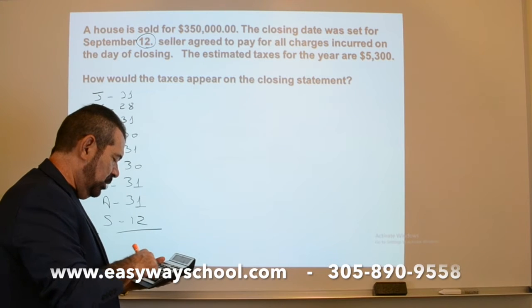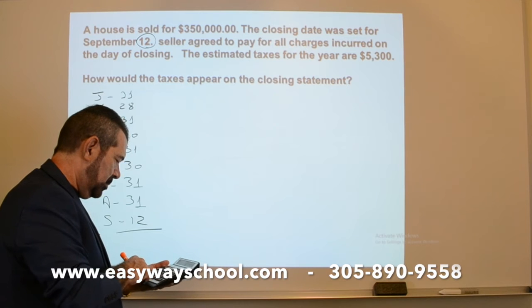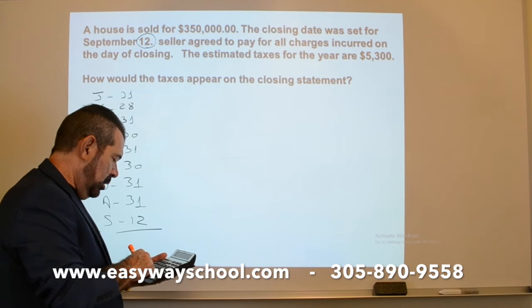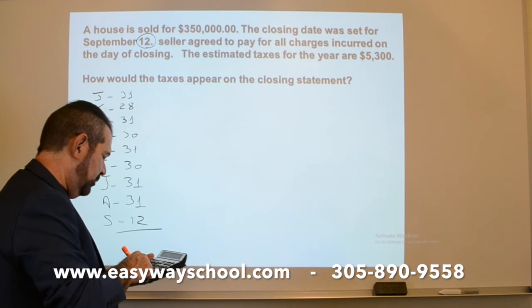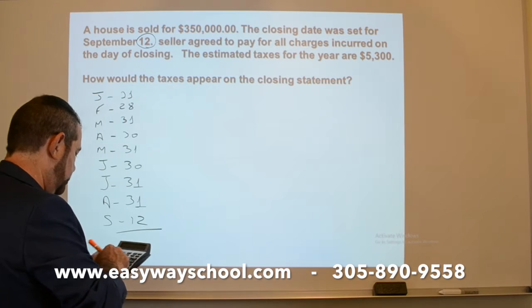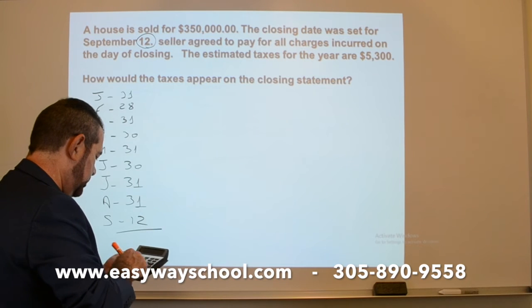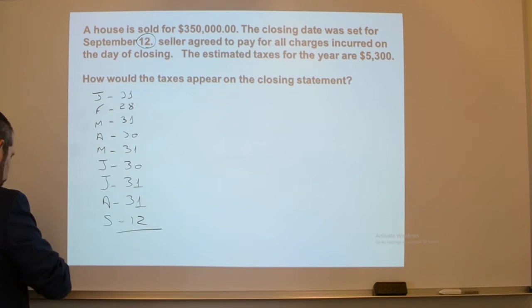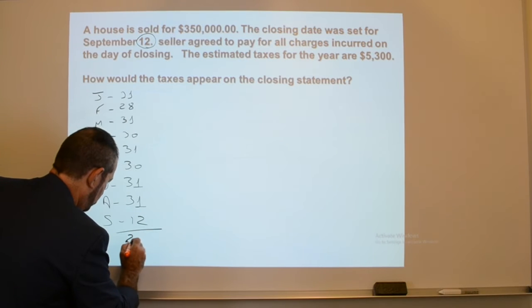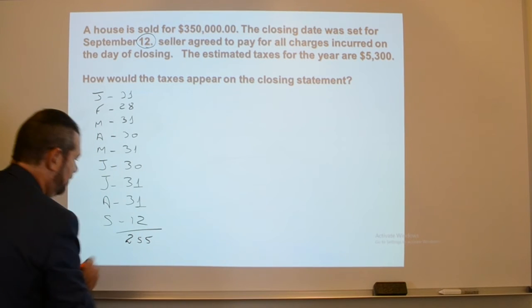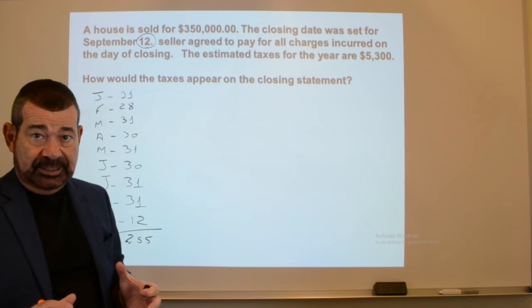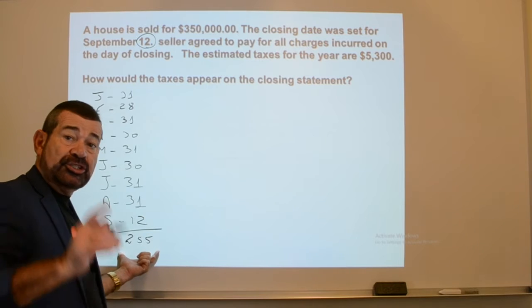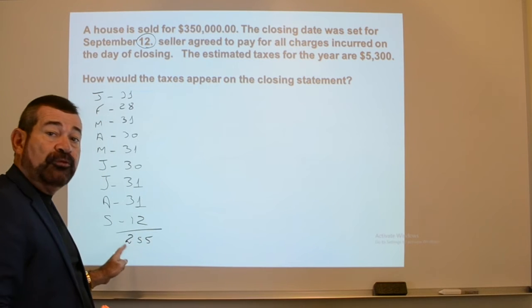It's 31, 28, 31, 30, 31, 30, 31, 31, and 12. That is 255 days.